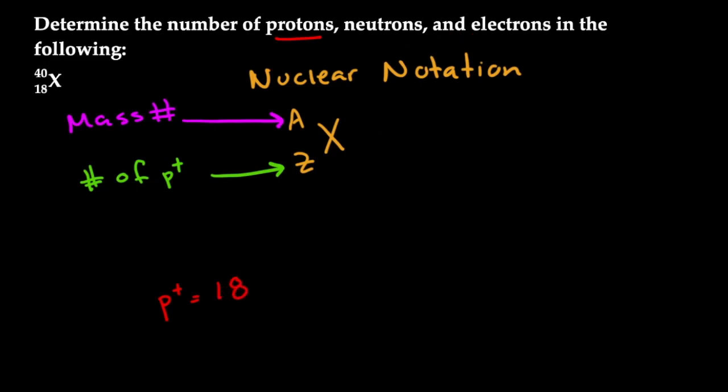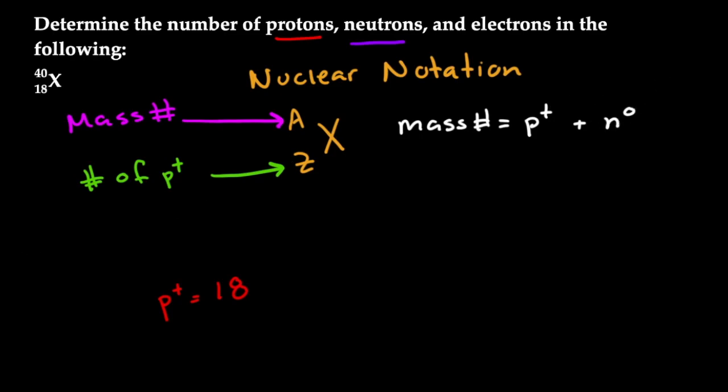Now we need to figure out the number of neutrons. That's determined from the mass number. The mass number is equal to the number of protons plus the number of neutrons.